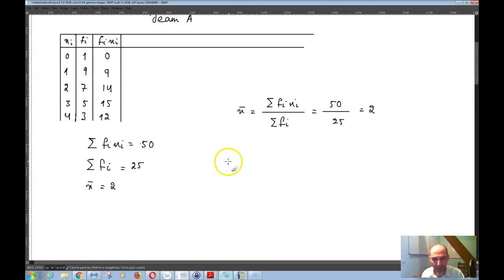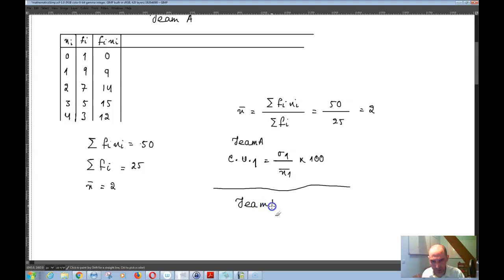If I write the coefficient of variation CV1 related to team A, that would be equal to sigma 1 divided by X1 bar times 100. And related to team B, I can write CV2, which would be sigma 2 divided by X2 bar times 100.